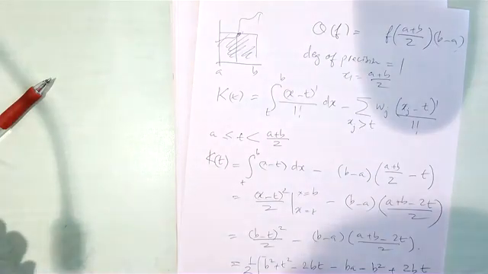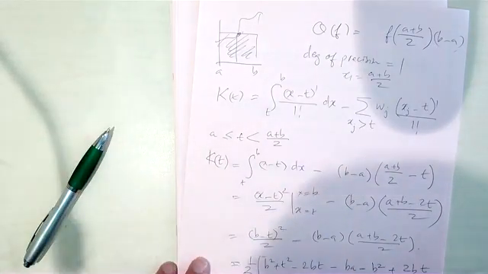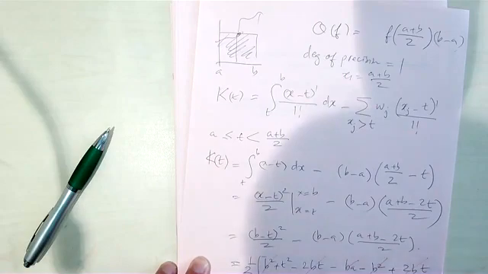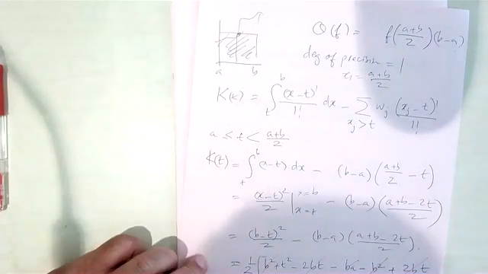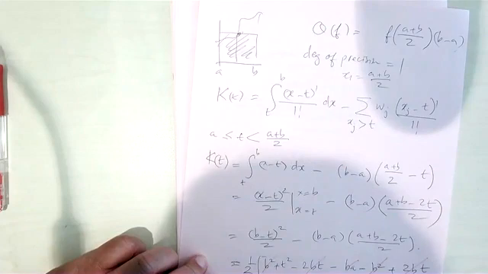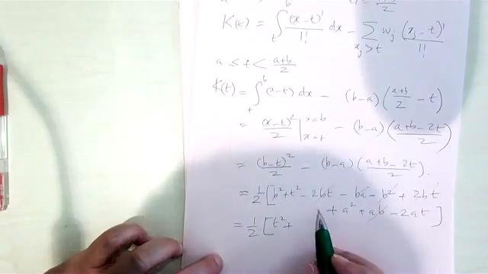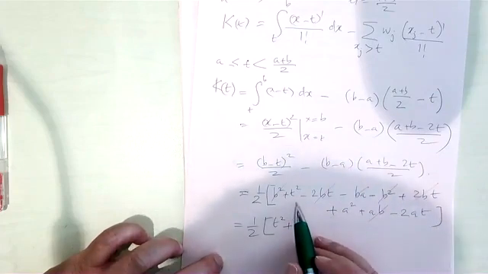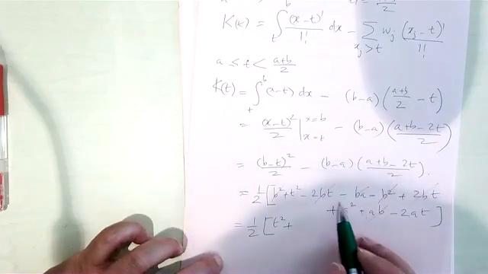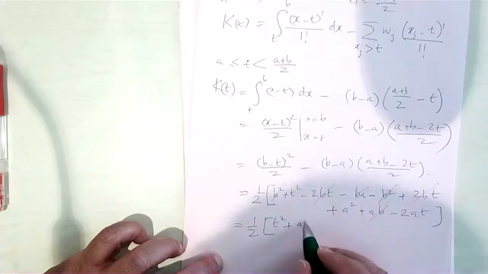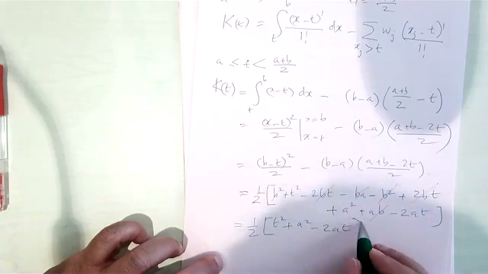And you can cancel B squared here, B squared here, AB here, BT here. So in the end of the day, you have only T squared plus A squared minus 2AT, yeah?